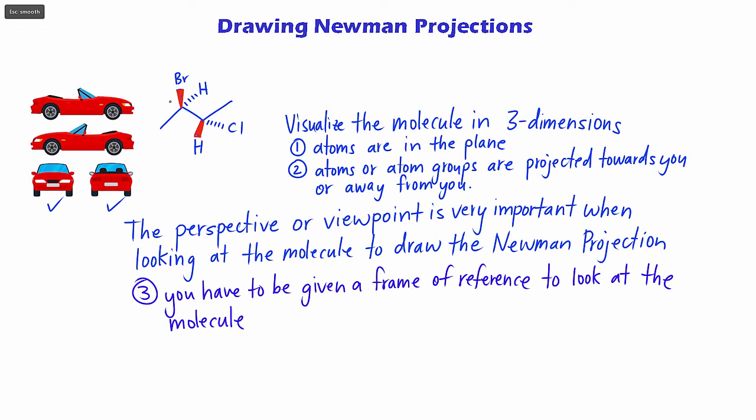By that, I mean you must be told to look in this direction, or you must be told to look in that direction. So that is the axis you are looking down. Okay? So the axis that you are looking down is very important.